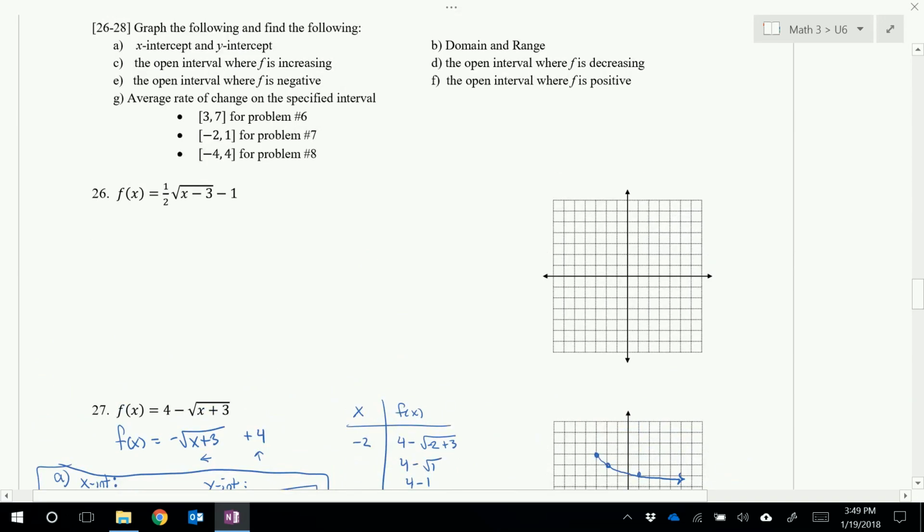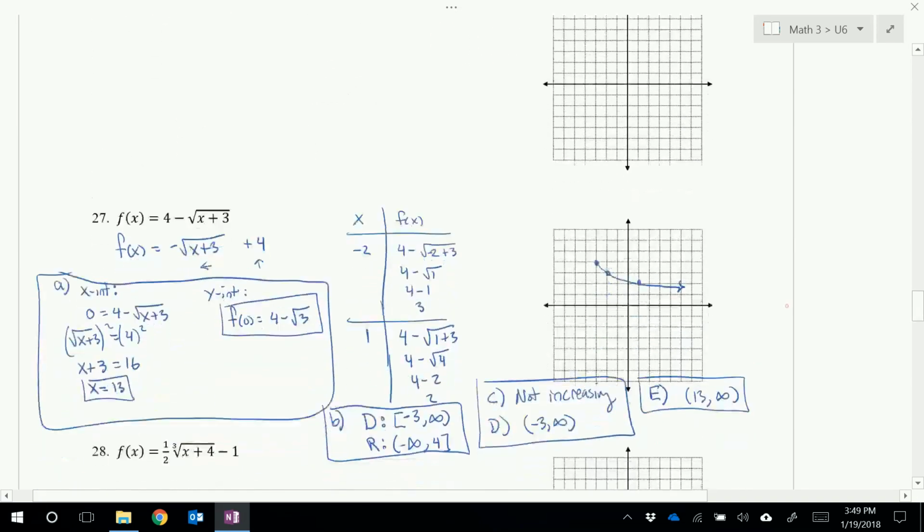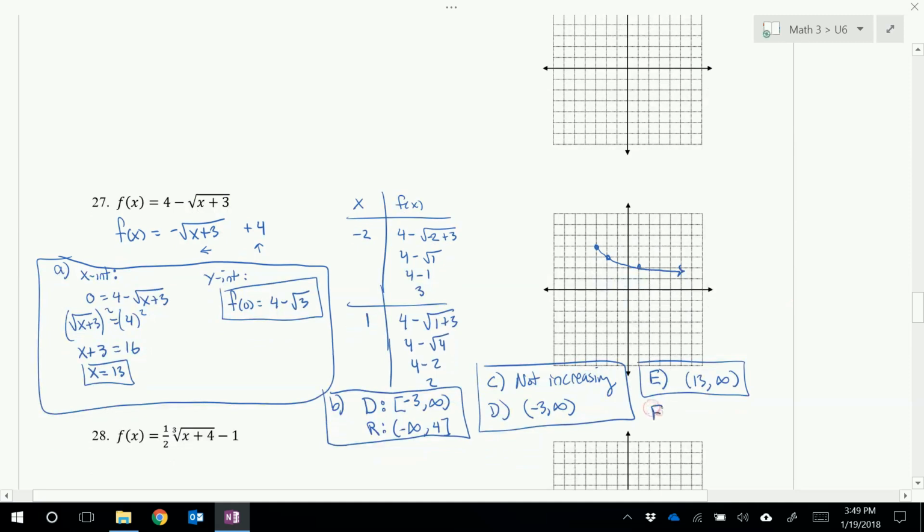F, where's the open interval where it's positive? Well, it's positive when it's above the x-axis, and its domain starts at -3 and goes all the way to the x-intercept at 13, and that's where it's above the x-axis or where it's positive.